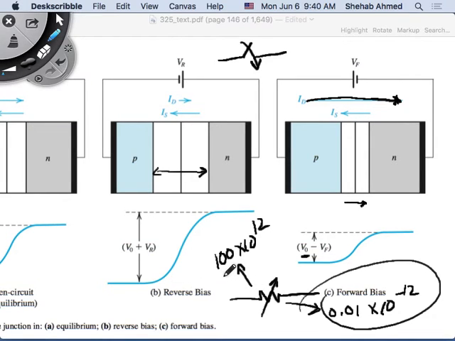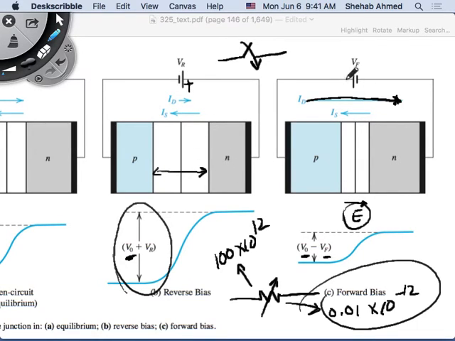Right? And how did I do that? By playing with this electric field. This electric field represents this barrier voltage. This barrier voltage had a steady state value V0. And we found ways to increase this barrier voltage and ways to decrease it. How do you increase the barrier voltage? By adding an external voltage source whose positive terminal is connected to the N-type material.